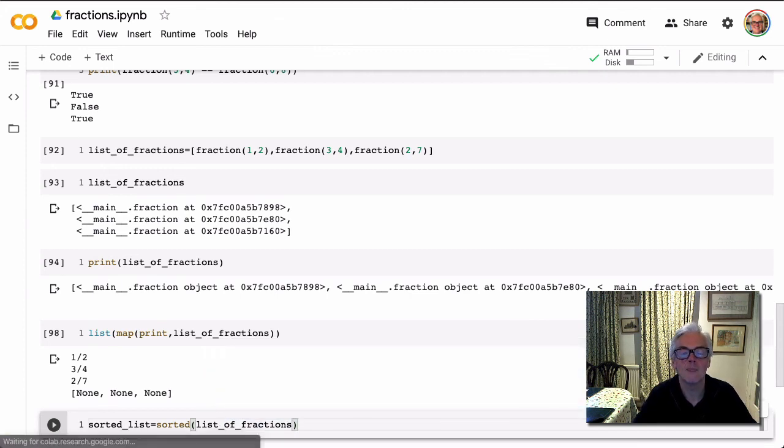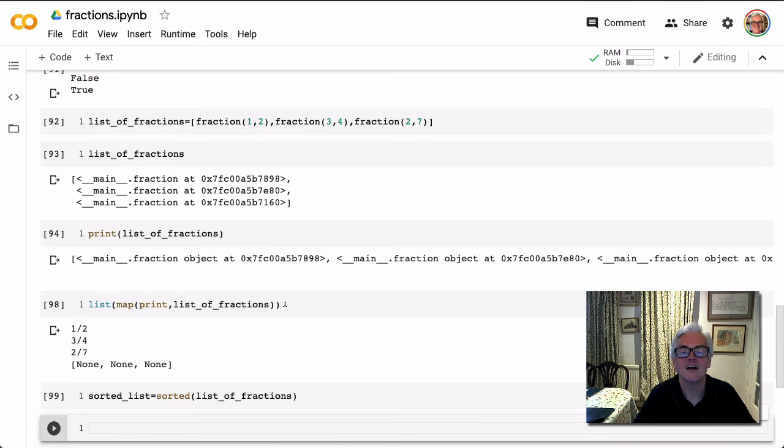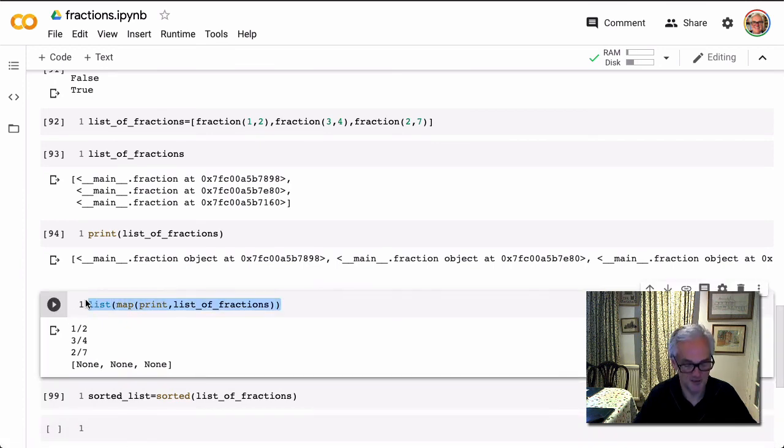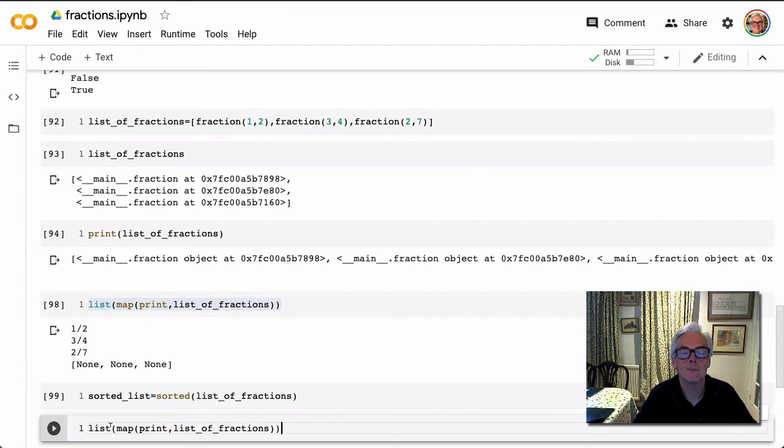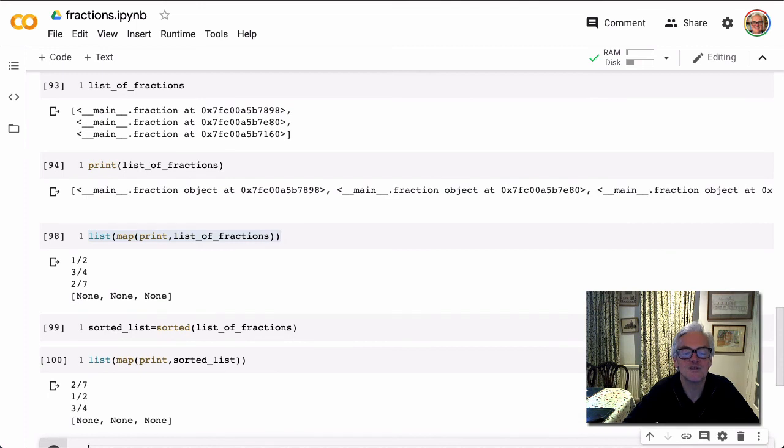Okay, and then I should be able to do the same thing here to sorted list. And get back from this, hopefully, the fractions in order: 2/7, 1/2, and 3/4. 2/7, 1/2, and 3/4. It's worked.